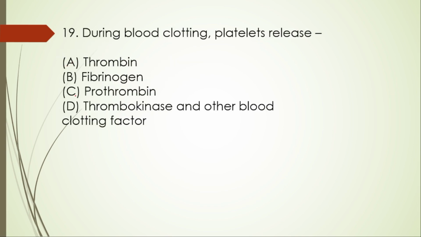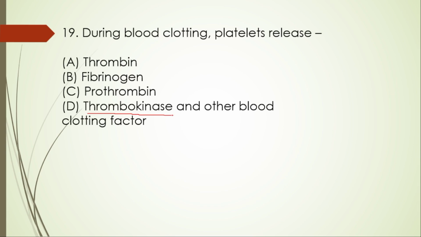Next question. During blood clotting, platelets release: A. thrombin, B. fibrinogen, C. prothrombin, D. thrombokinase and other blood clotting factors. When injury occurs, platelets at the site of the wound rupture and release an enzyme called thrombokinase, also known as thromboplastin.